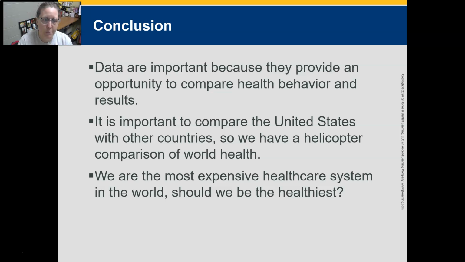It is important to compare the United States with other countries, so we have a big overview comparison of world health, and we can see where everybody else is and where we ought to be, because if anything, we ought to be at the average, maybe better, but if we could at least be average on some things, that would be really good. We are the most expensive healthcare system in the world. Should we not be the healthiest? Unfortunately, we are not. And so this wraps up your Chapter 2 on Intro U.S. Healthcare.